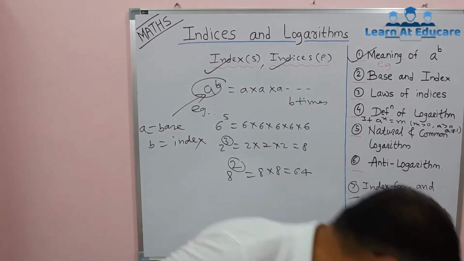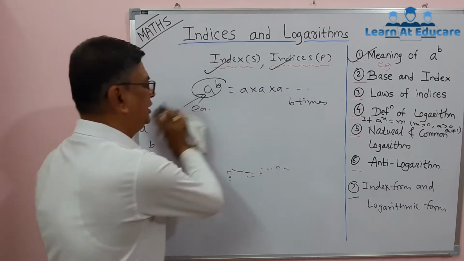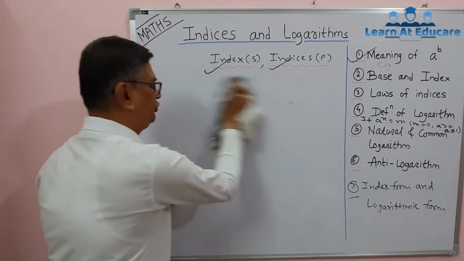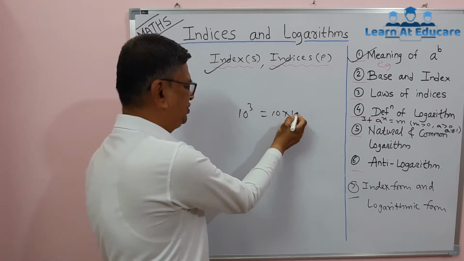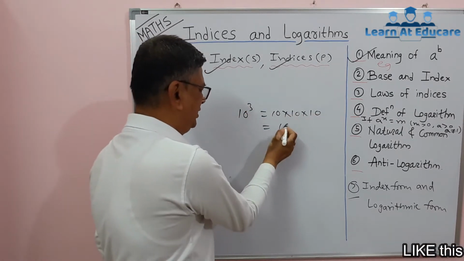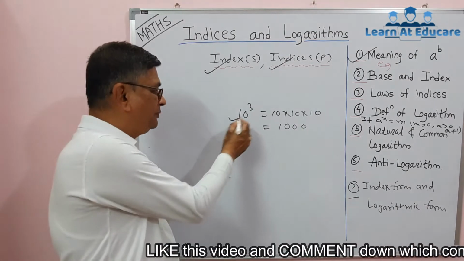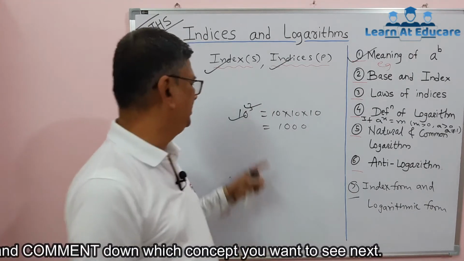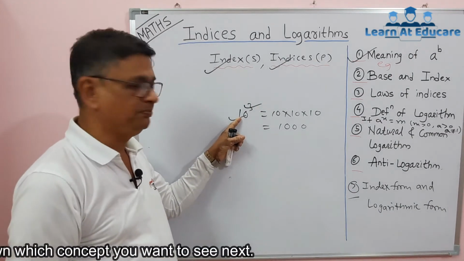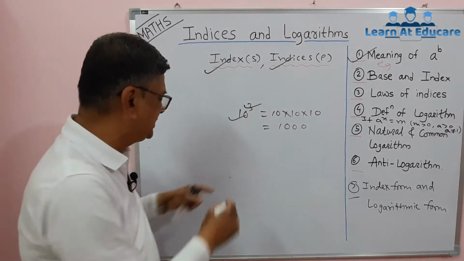For example, the value of 10 cube, 10 cube means 10 raised to 3, which is 10 into 10 into 10, its value is 1000. Here 10 is called the base and 3 is called the index, and we get clear how the base is written, how the index is written, and what the index is also called.